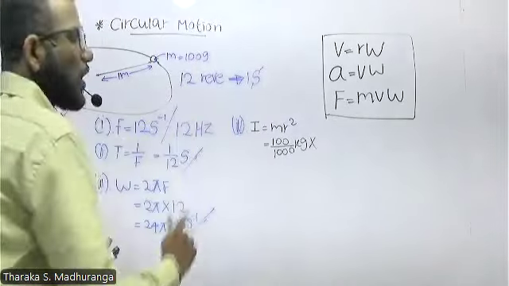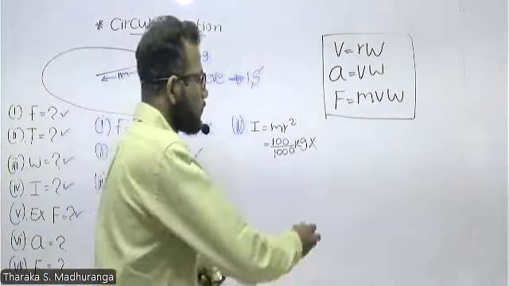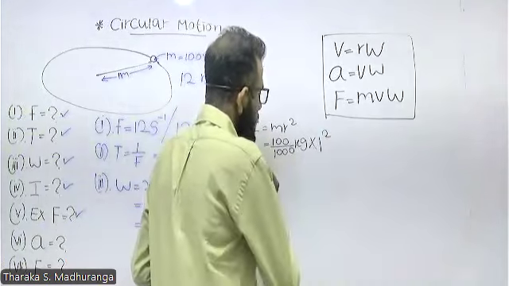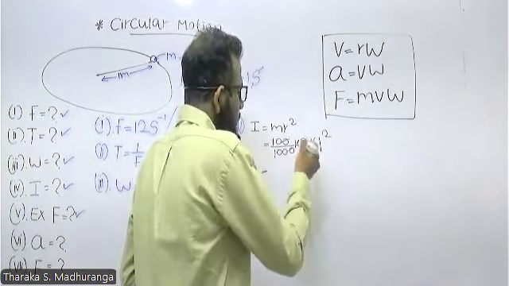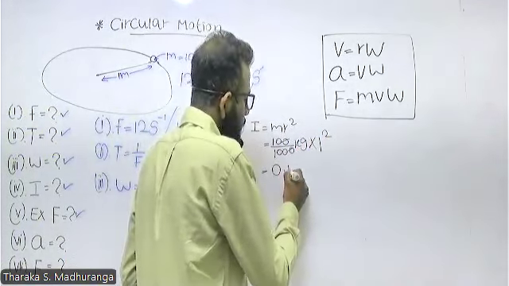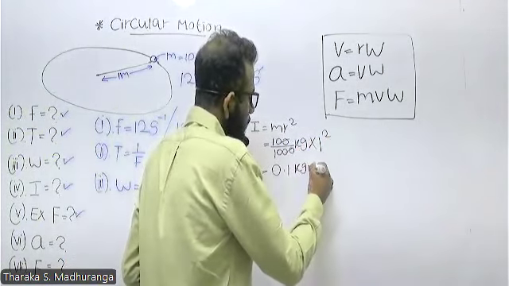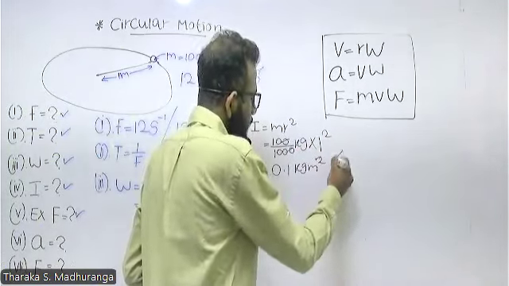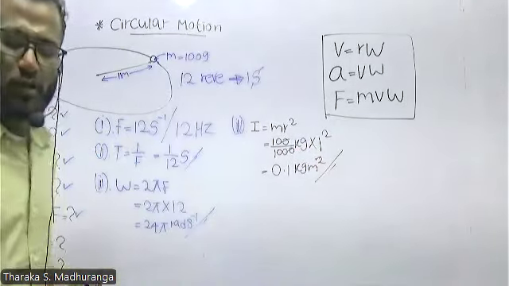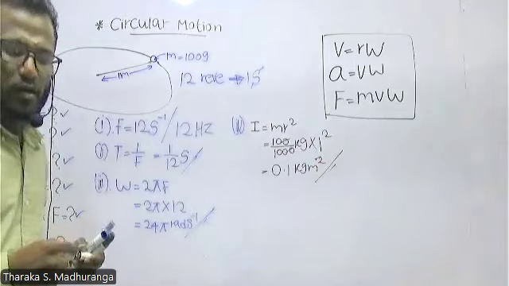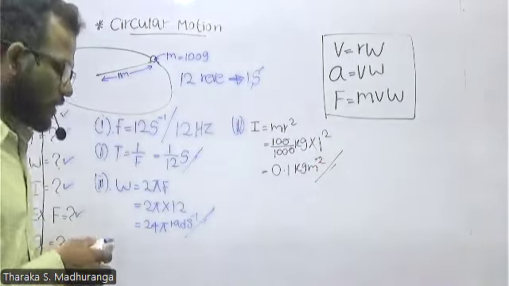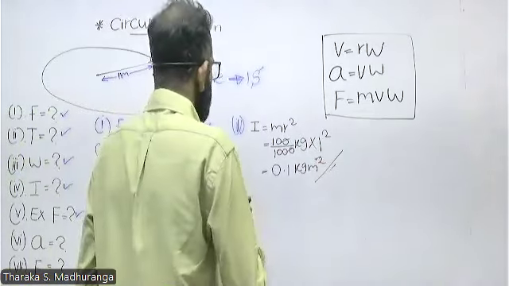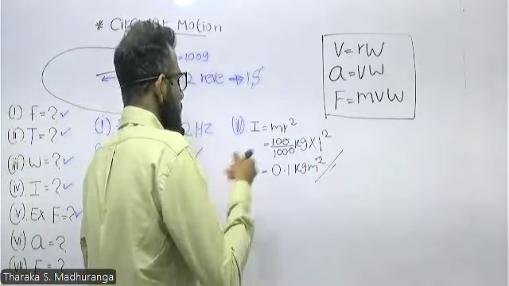Then r is 1 meter, 1 squared. So 0.1 into 1 squared, 0.1 kilogram meter squared. That is the fourth part.